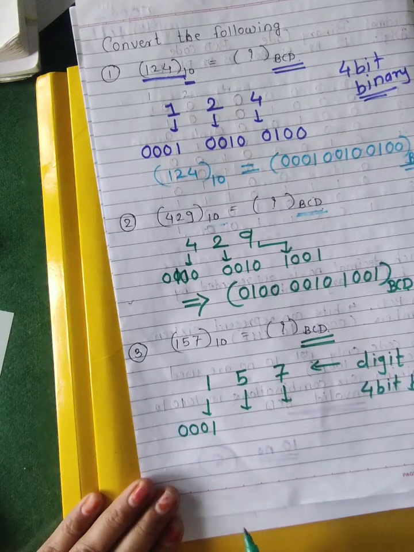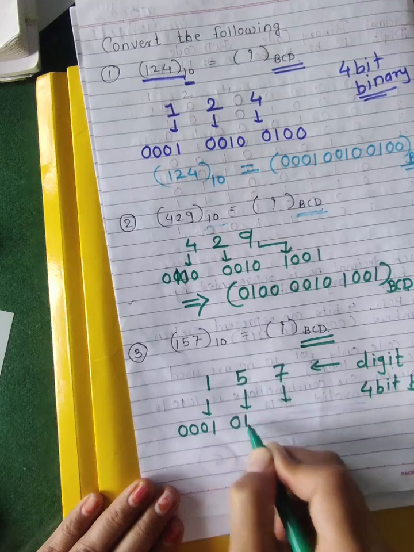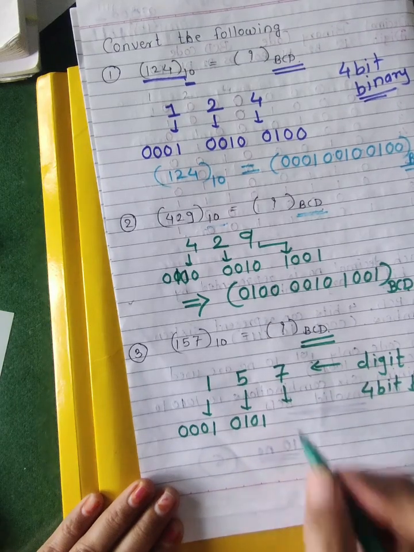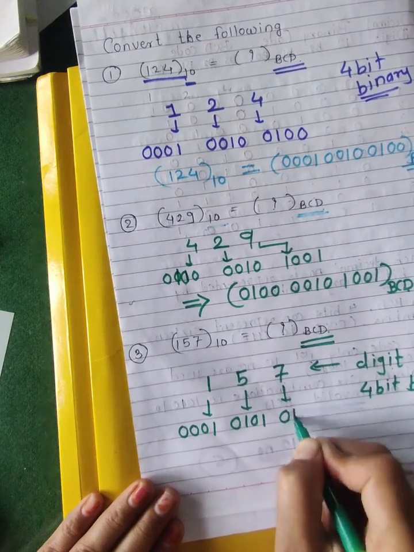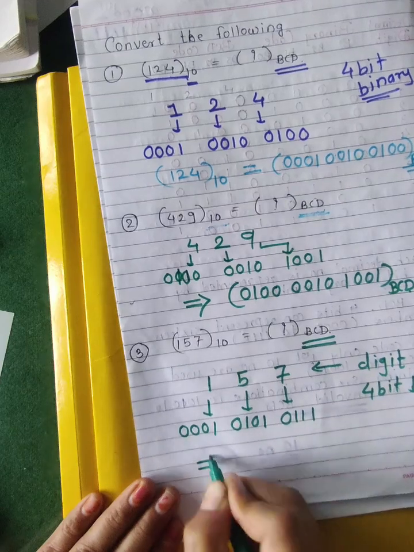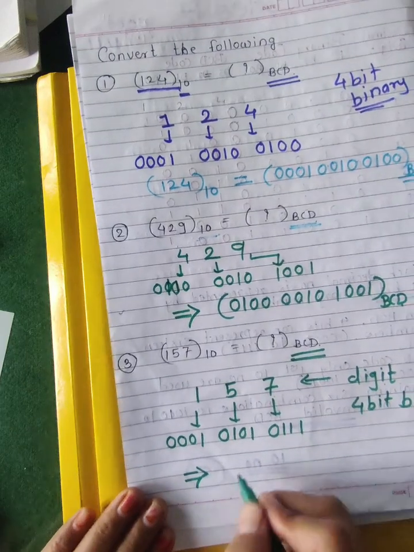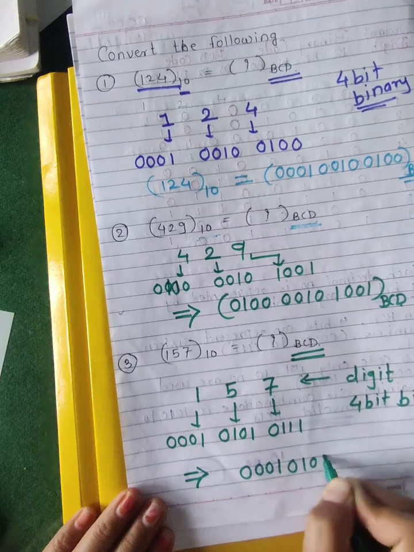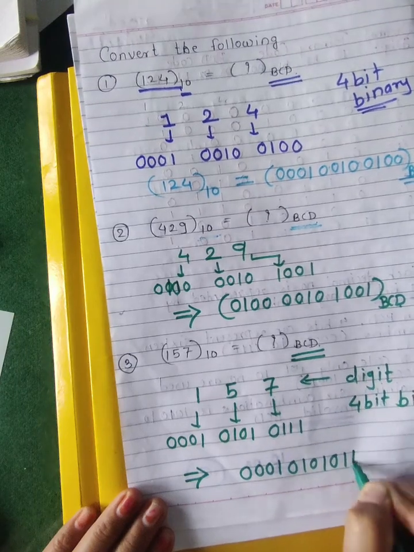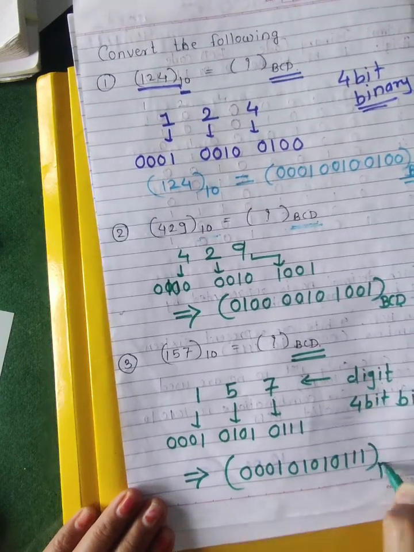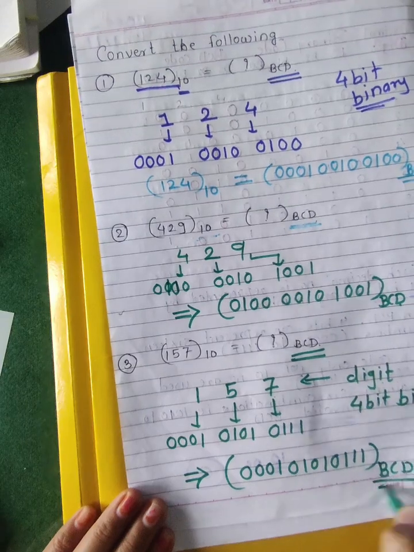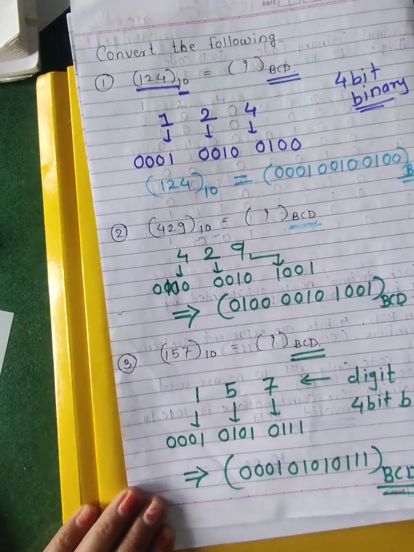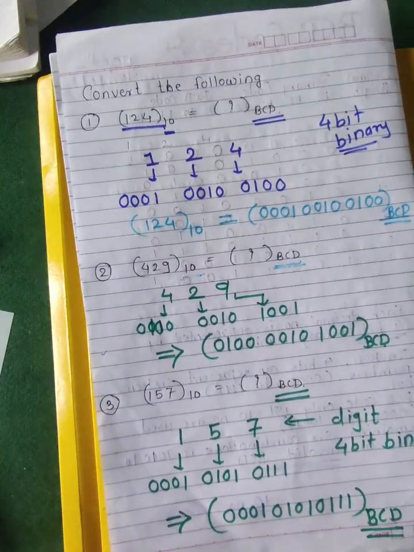Then how to write 5 in 4-bit binary? 0 1 0 1. How to write 7 in 4-bit binary? 0 1 1 1. This is the converted answer in BCD form: 0 0 0 1 0 1 0 1 0 1 1 1. This is the BCD conversion. Okay, got it? This is the conversion of our given number into BCD form.